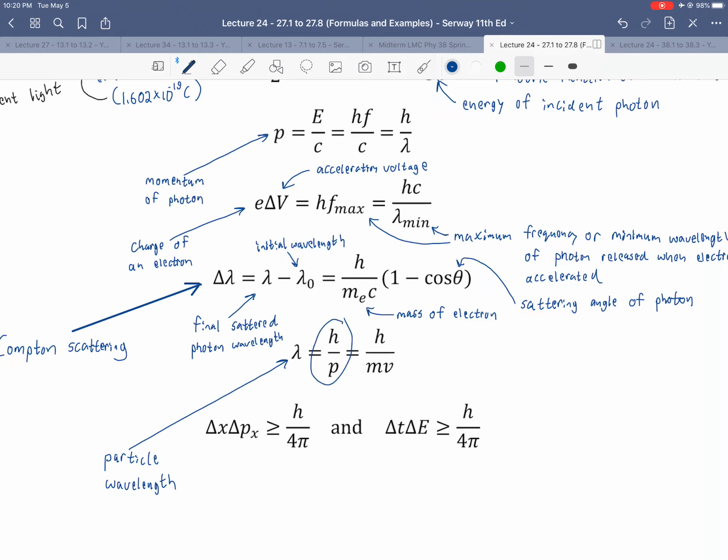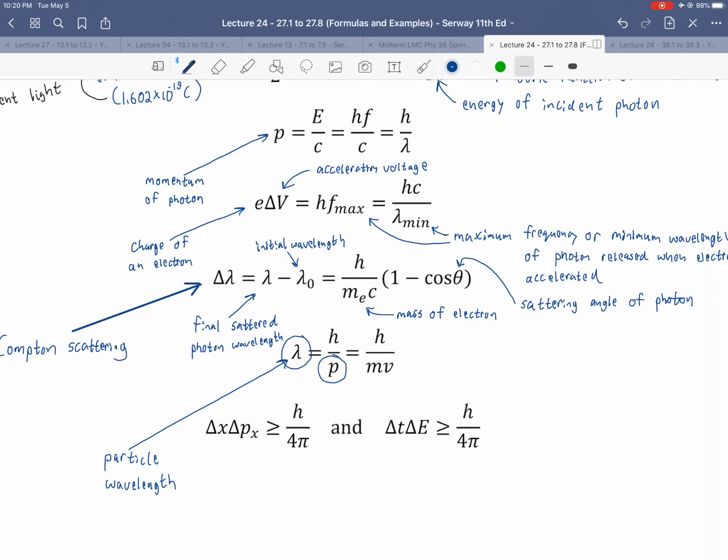Now, the wavelength of a particle is equal to Planck's constant divided by the momentum of that particle. Okay? So in order for a particle to exhibit wave-like properties, where lambda is a measurable quantity or a quantity that has effects on other systems that physicists are interested in, you need to have a very small momentum.